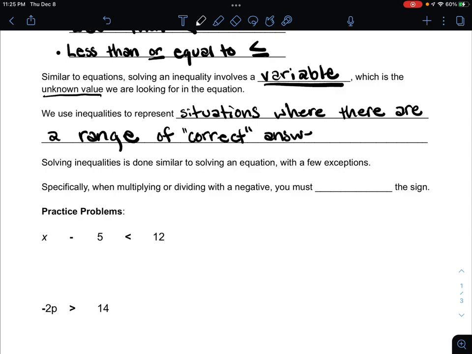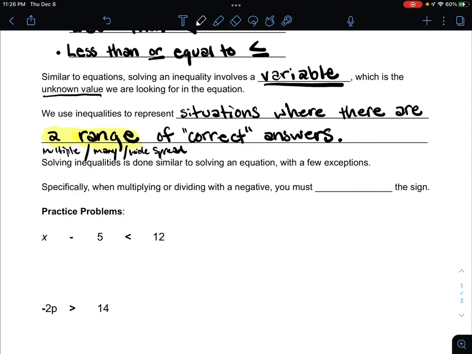Really, there's a whole range of acceptable answers. Now, if we don't remember what range means, like a spread or a difference, when I say a range here, I'm really saying there are multiple, many, a wide spread. So there are lots of different, quote unquote, correct answers to an inequality.